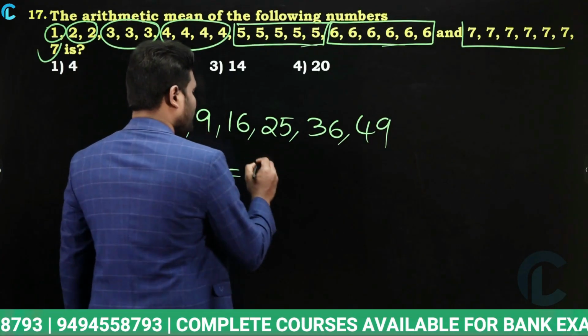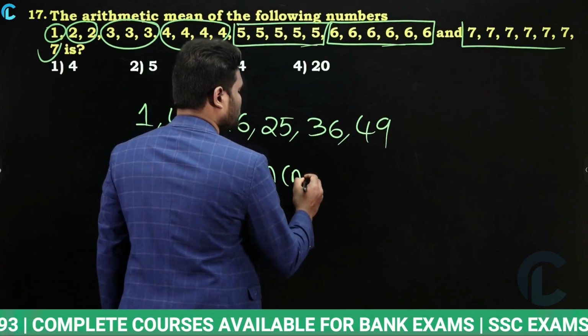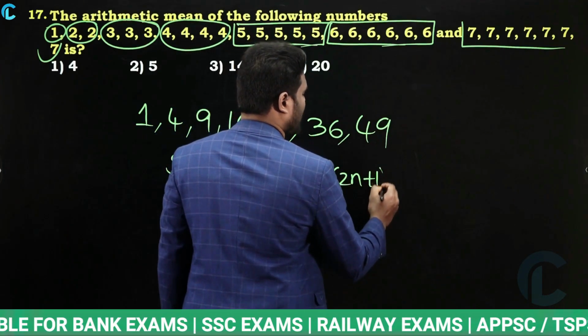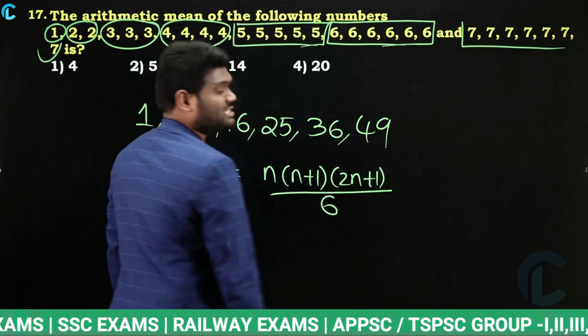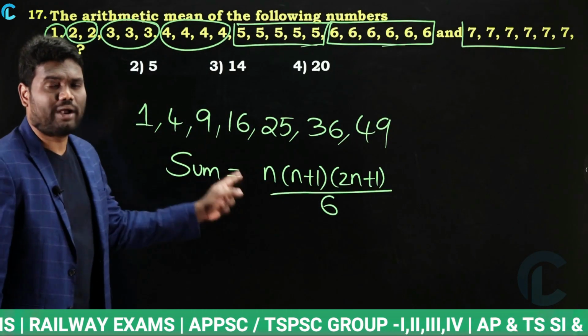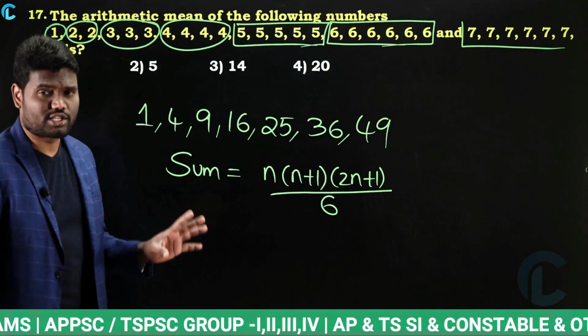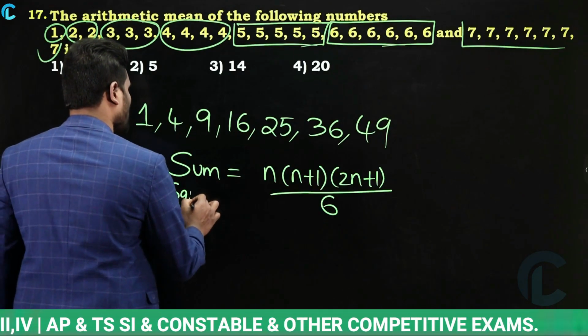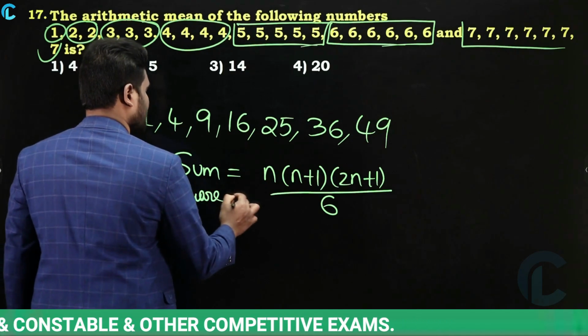What is the formula? The formula is n into n plus 1 into 2n plus 1 by 6. This is the formula for the sum of squares of n natural numbers. Yes or no?